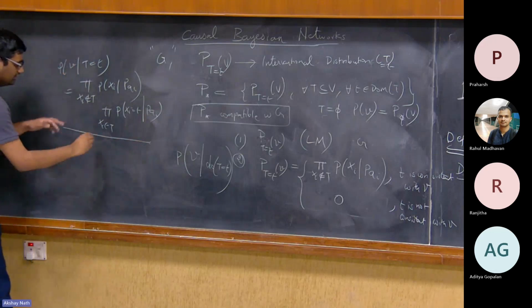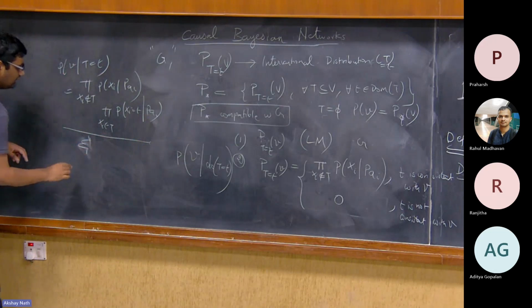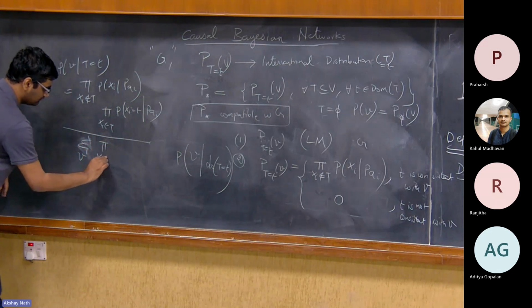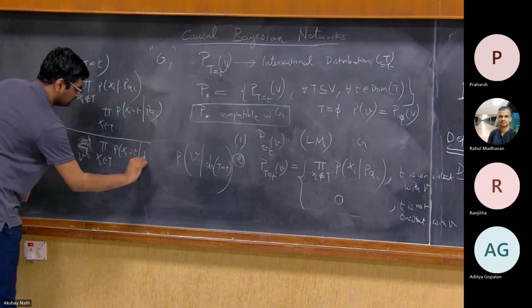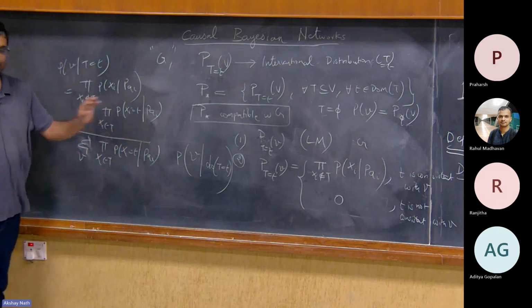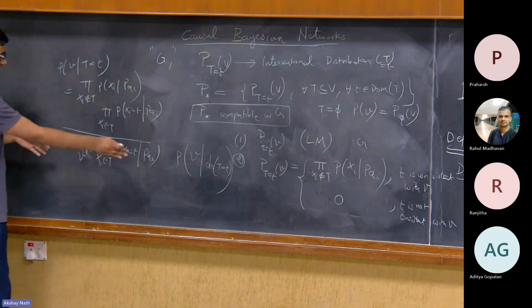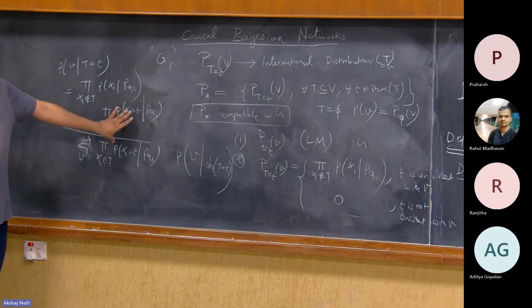Then divided by the summation over all D such that this is true. You need this, and you have to sum over everything. This is a very complicated distribution.